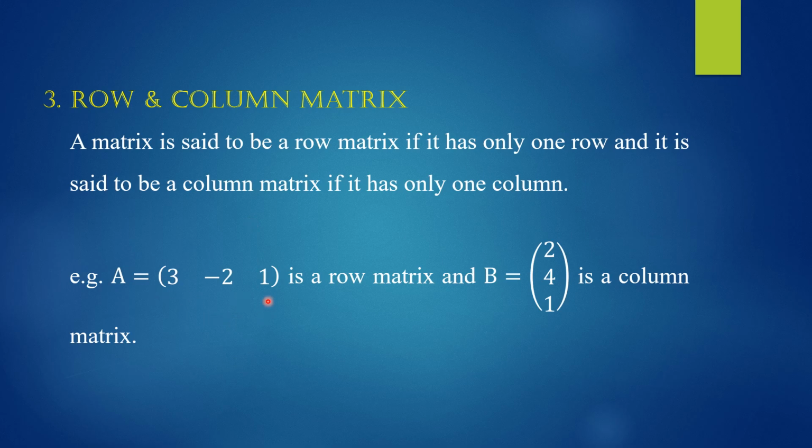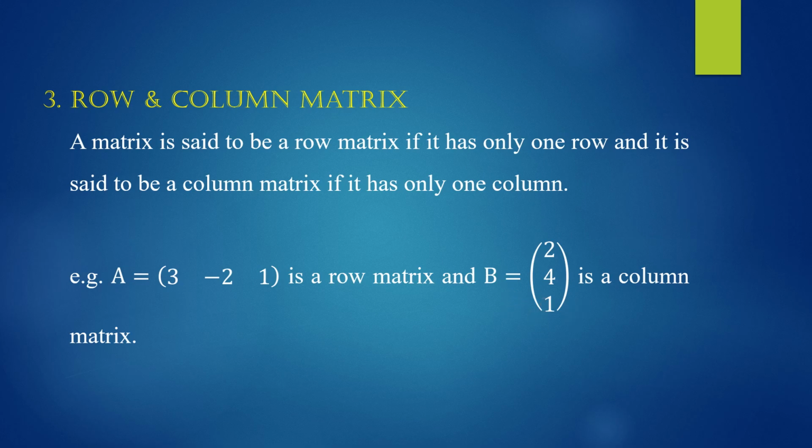So its order is 1 by 3. Having one row, it is a row matrix. And this matrix, you see, this is row 1, this is row 2, this is row 3. So the row number is 3, but there is only one column. Therefore this is a column matrix.